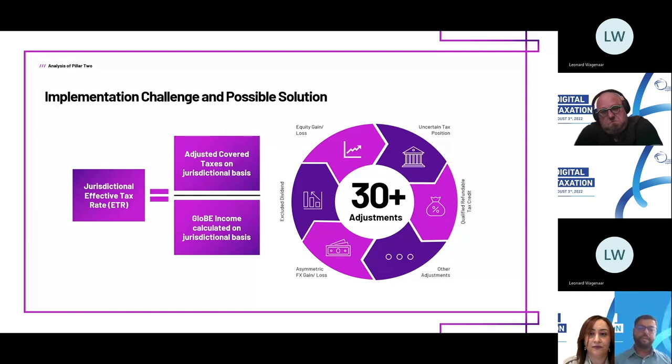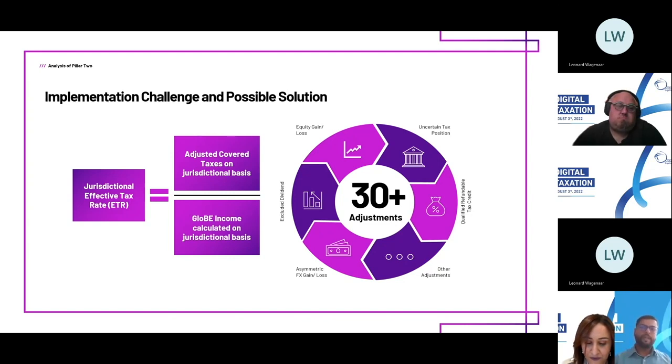This CbCR filing has certain financial data points. Out of all these financial data points that are reported in CbCR, two are quite relevant. First is the income tax accrued in the current year, and the second is profit or loss before taxes. With these two data points, a simplified jurisdictional ETR can be computed by leveraging the data which is existing and available with the taxpayer.